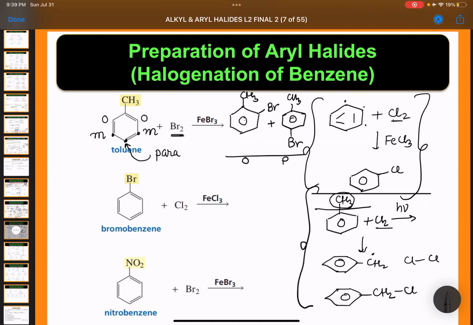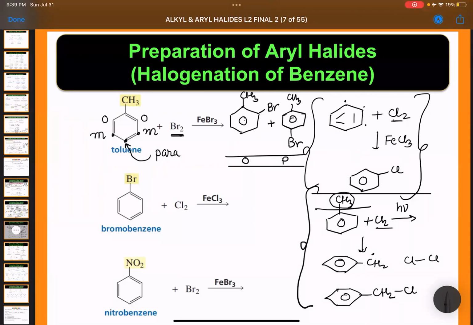Clear? That's the thing. Electron donating groups will give you ortho para products in electrophilic aromatic substitution reaction. Electron withdrawing groups will give meta substituted products in electrophilic aromatic substitution reaction.